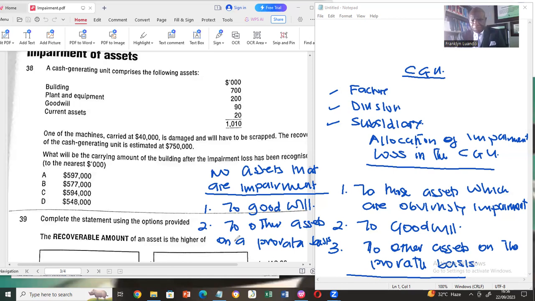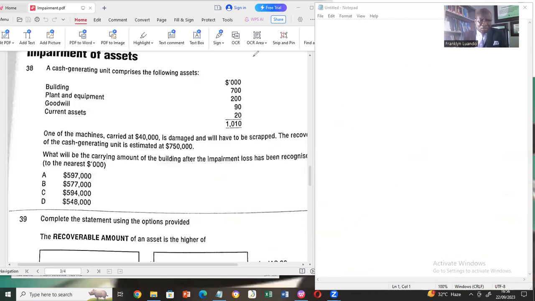So now we are going to look at a question together here. And this question is 38, impairment of assets. A cash generating unit comprises the following assets. So we have the buildings, 700, plant and equipment, 200, goodwill, 90, current assets, 20. So we cannot allocate any impairment loss to current assets.